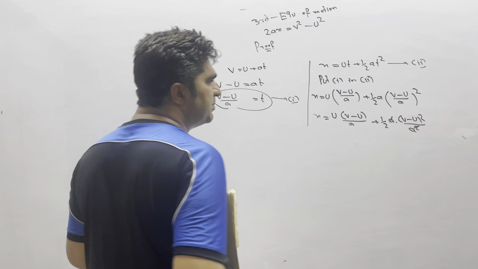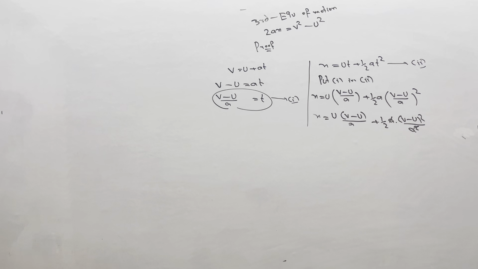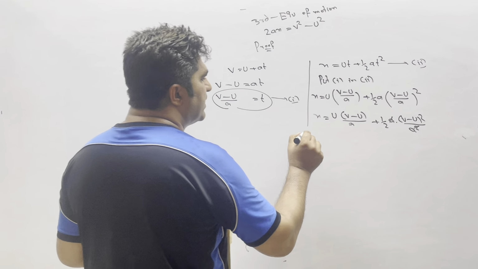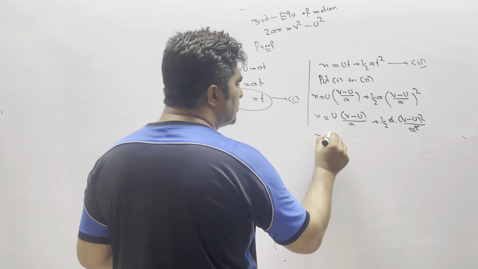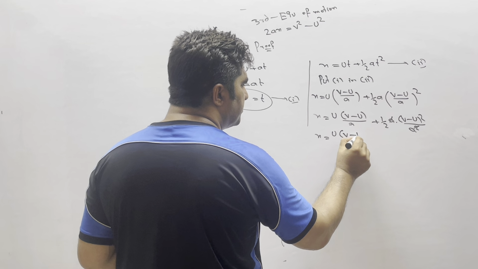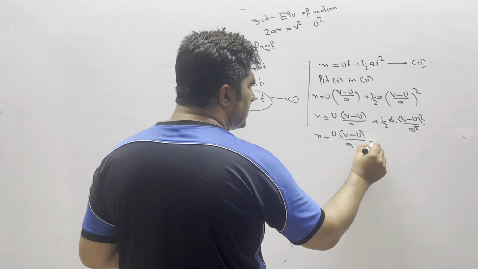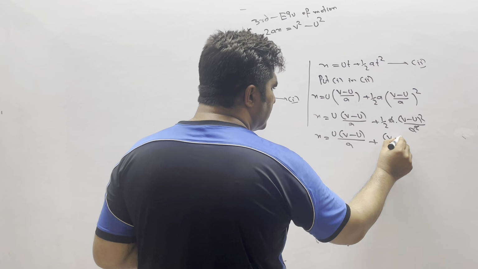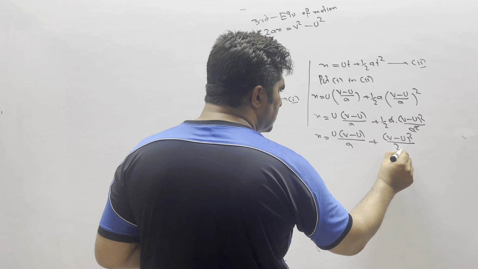The a and a square will cancel. Then you have x equal to u times v minus u over a plus v minus u whole square divided by 2.